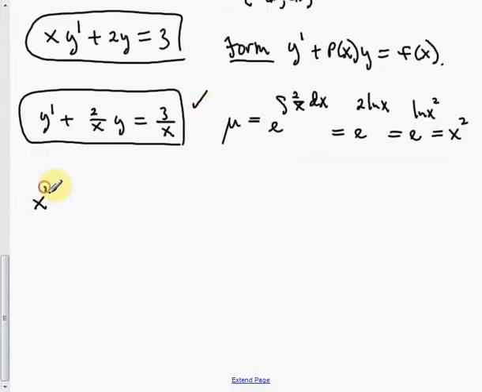So this is x squared times y prime plus x squared times this 2 over x times y is equal to, sorry about that, that's x squared. Why am I writing 2x?